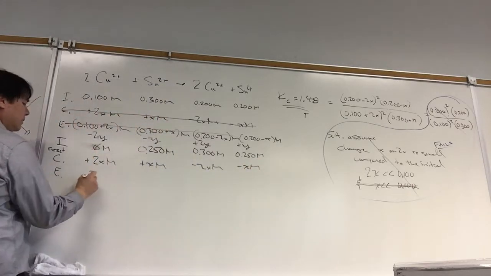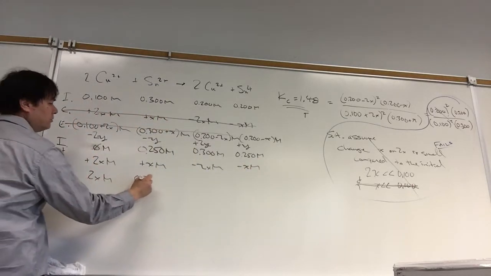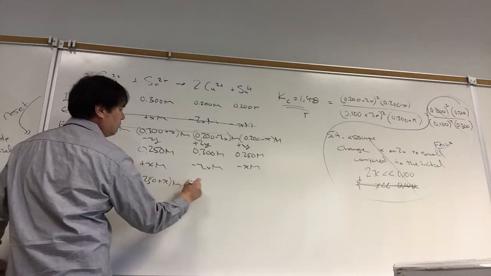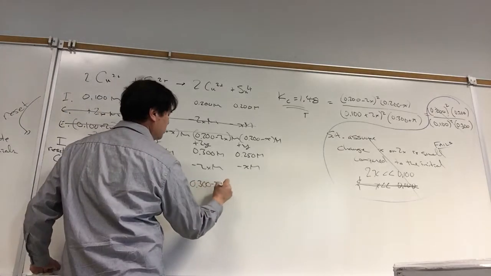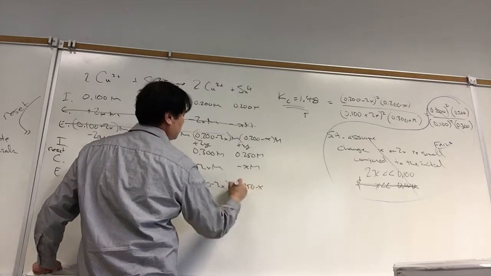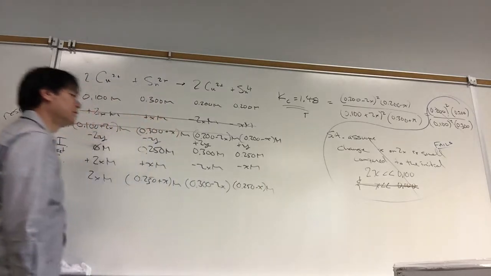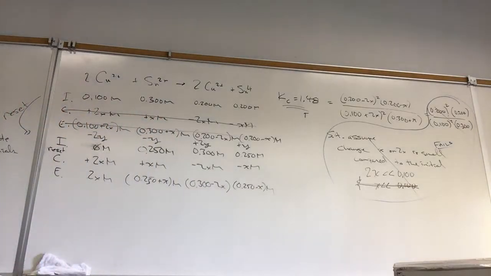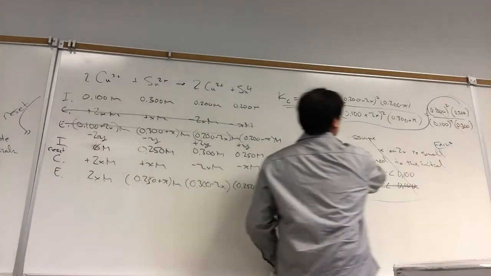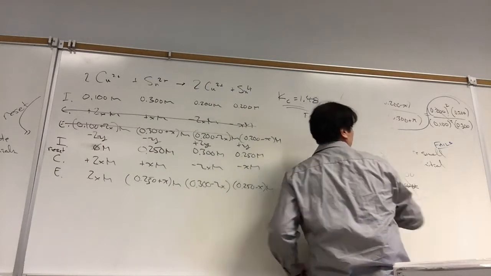At equilibrium, I'm going to have 2x molar, 0.250 plus x, 0.300 minus 2x, 0.250 minus x. As long as I make sure everything is balanced, that is, I'm not losing or gaining atoms, this is fine. I could start the equilibrium anywhere I want. You should get the exact same answer.